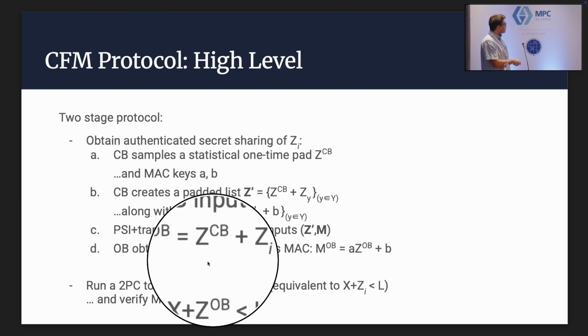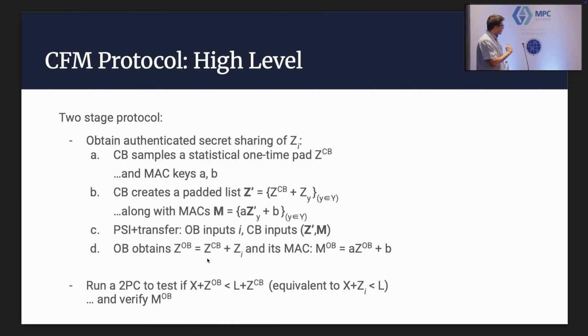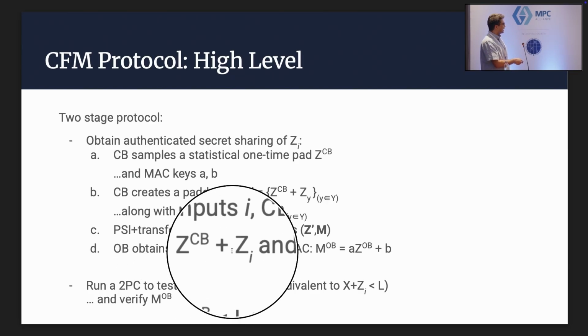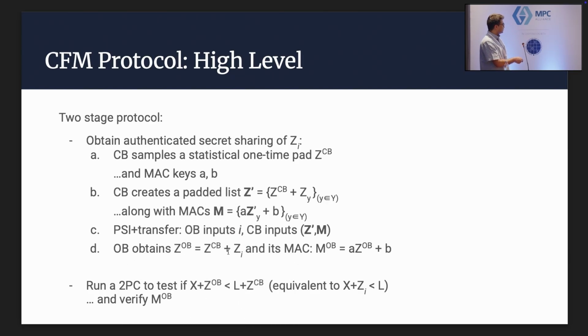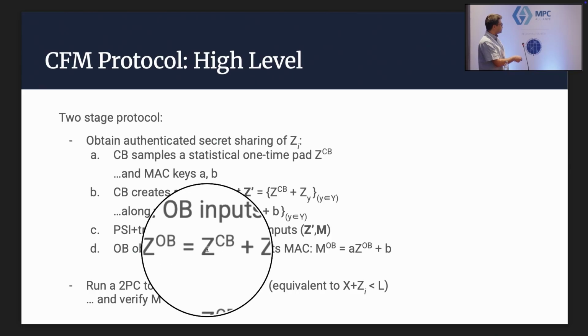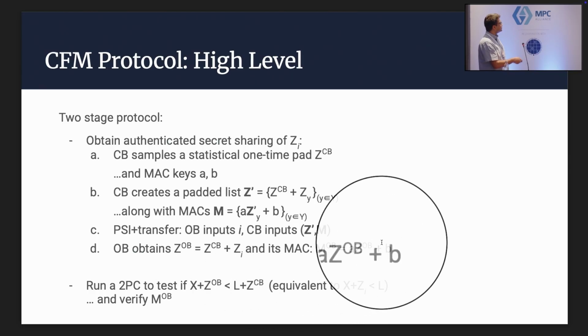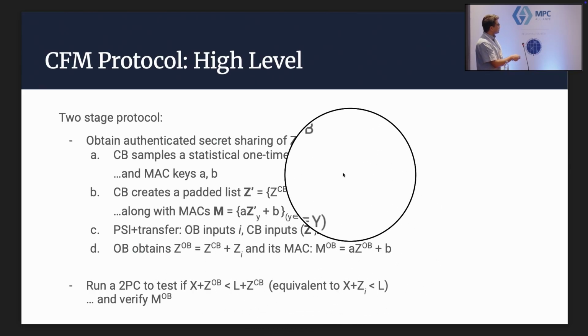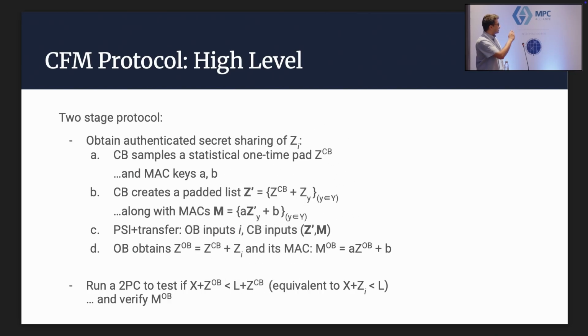And finally, the output here, because OB is able to read basically just one entry out of this list, is one padded value and one MAC'd value. The fact that the same pad and the same MAC are reused across a bunch of terms doesn't matter, because it serves its role as a one-time pad.